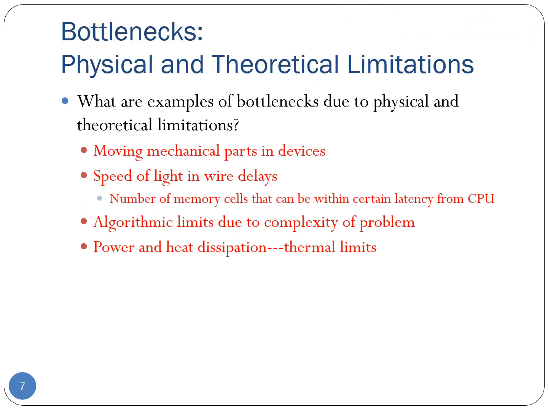So let's think a little bit more about the physical and theoretical limitations that appear in our computer systems. We already talked about the moving and mechanical parts in our devices. Another example of this kind of bottleneck would be if you have, let's say, a spinning or rotating magnetic disk. And let's say the magnetic disk spins at a speed of, let's say, 7,200 rounds per minute.